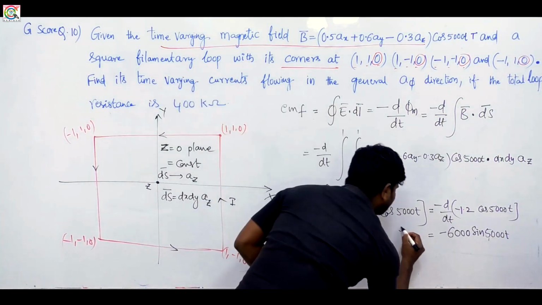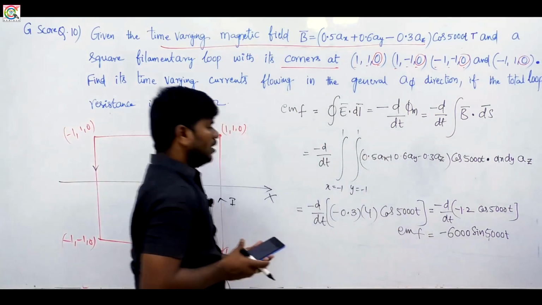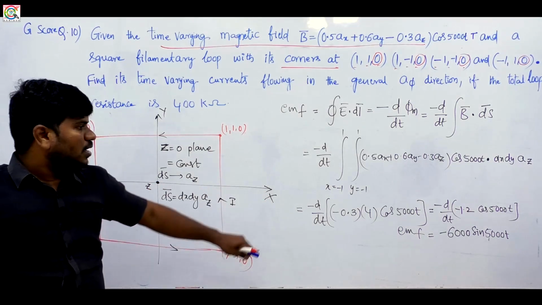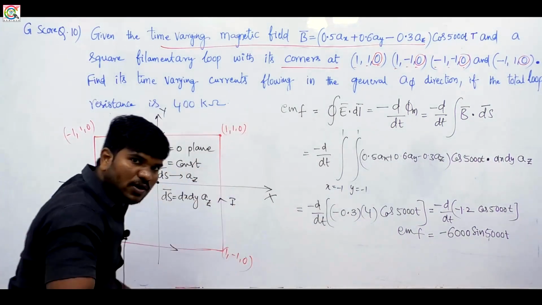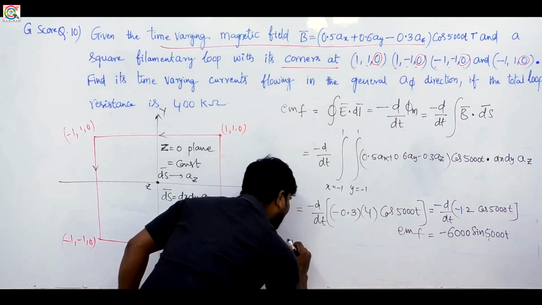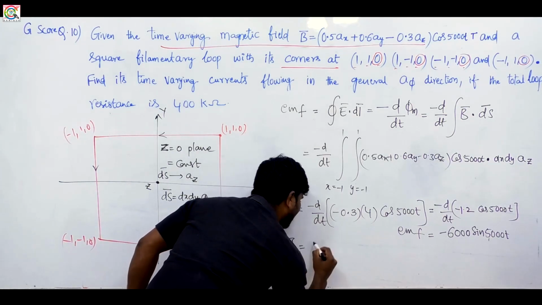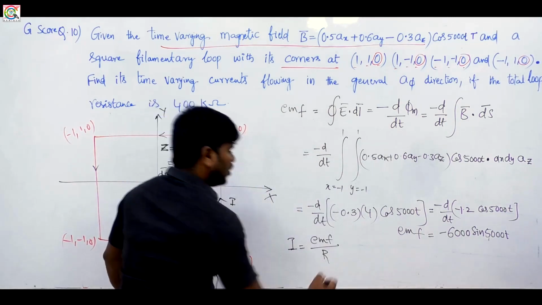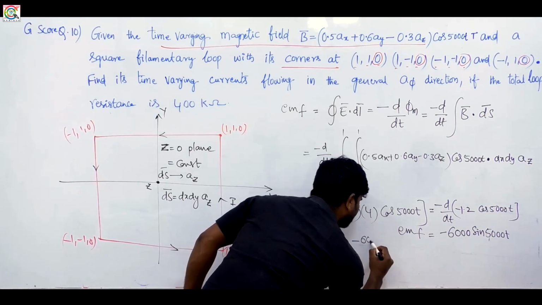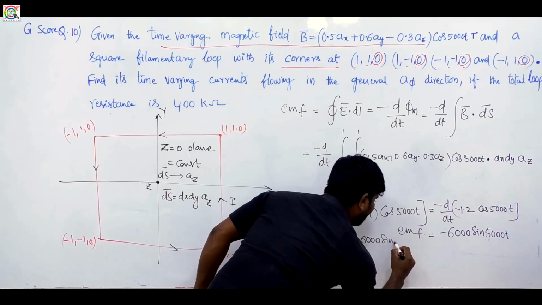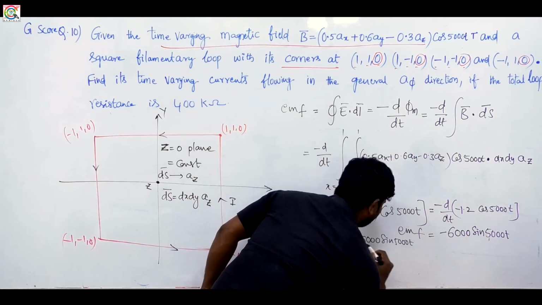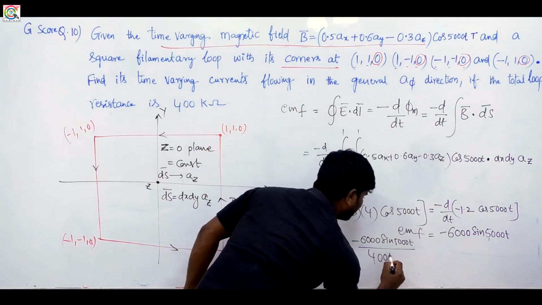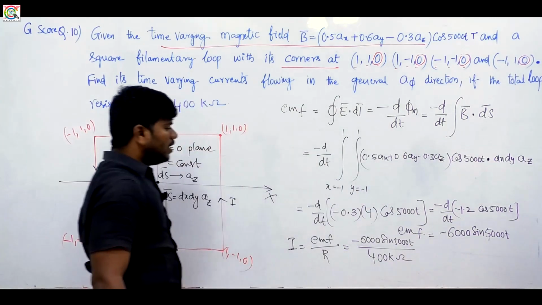So it is the EMF induced in this entire loop. Now what will be the current? The current I will be the EMF induced in the loop divided by the total resistance. So this is minus 6000 sin 5000t divided by 400 kilo ohms.